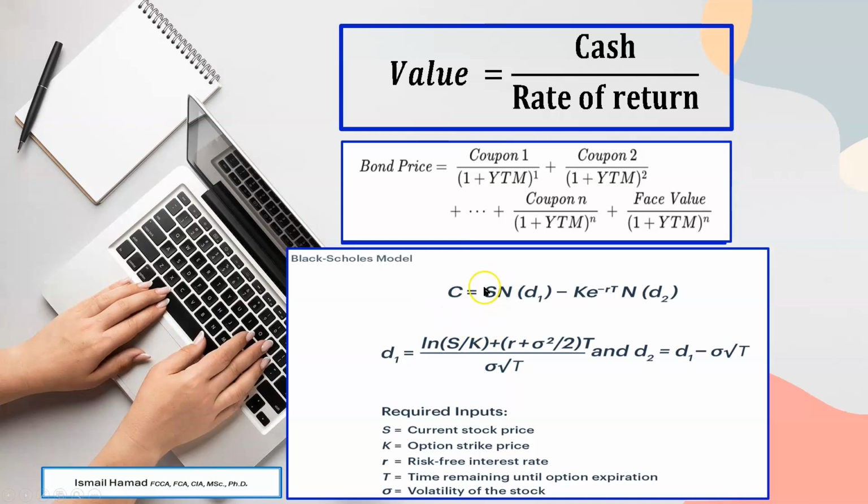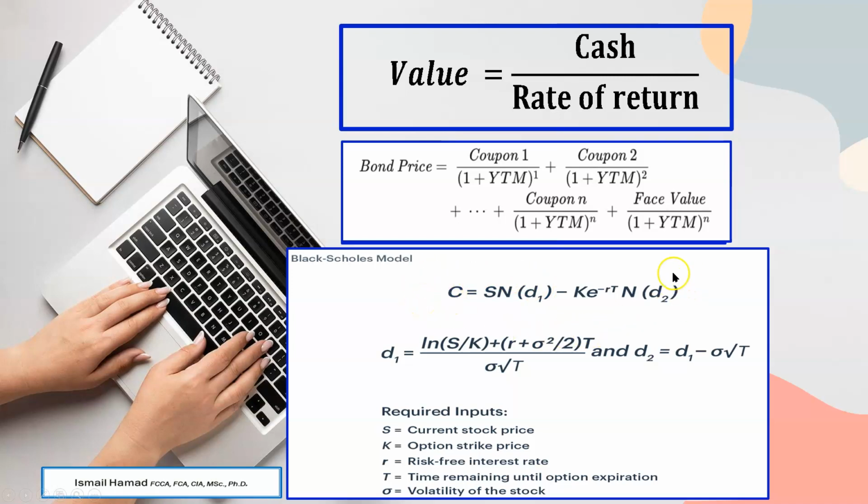It is basically the current stock price, S, minus the strike price you are going to pay in June. So if the price today of the stock is $10 and you have the right to buy it at $8, that means 10 minus 8 equals $2. This is the value of the option.